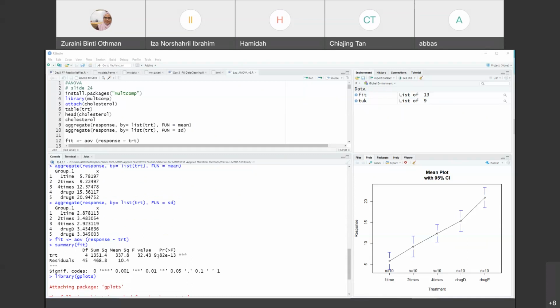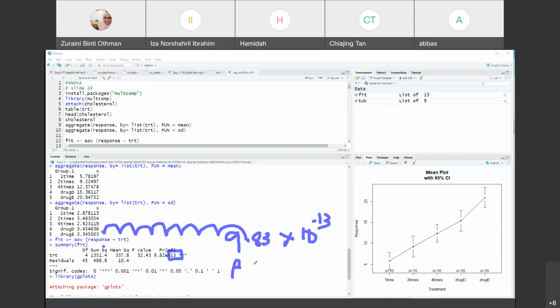This is significant code, which is this F test for treatment TRT is significant because it's about 9.83 times 10 to the power of negative 13, which is if we move the decimal point to the front about 13 places, we notice that it is less than, if our p-value is 0.05, so it is less than 0.05.